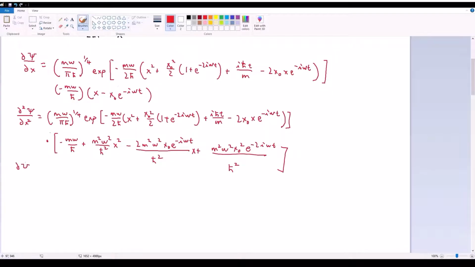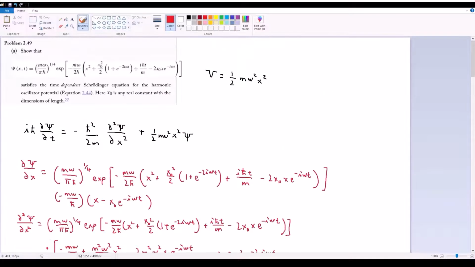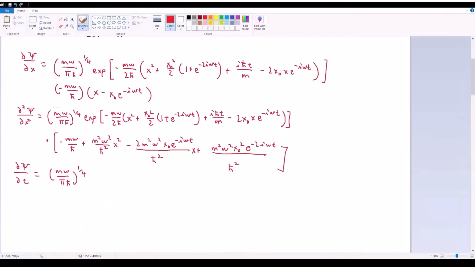So the partial of psi with respect to t is going to equal the same m omega over pi h bar term at the front to the power of 1/4. And then we're going to have the same exponential, which I'm going to just copy paste from here.